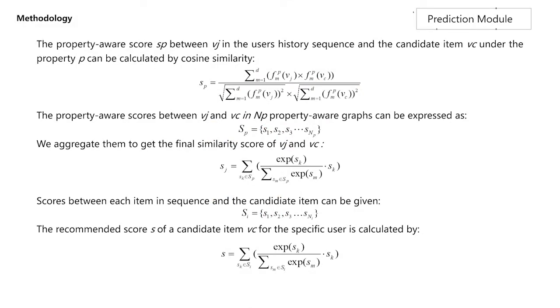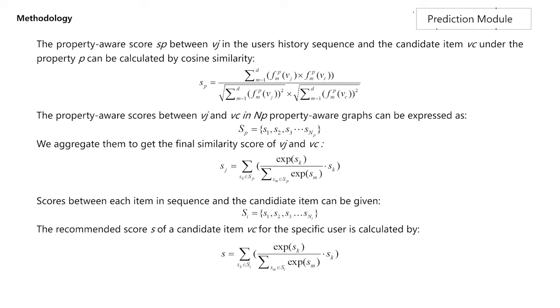The property-aware score S_P between V_j in the user's history sequence and the candidate item V_c under the property P can be calculated by cosine similarity, and the property-aware scores between the two items in N_P property-aware graphs can be expressed as a set S_P.